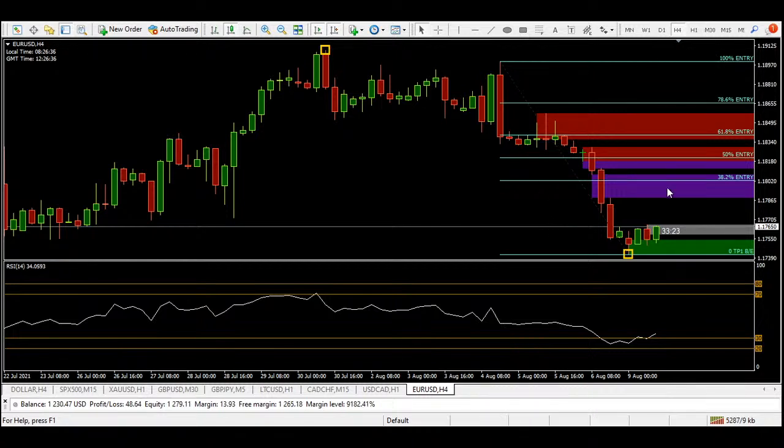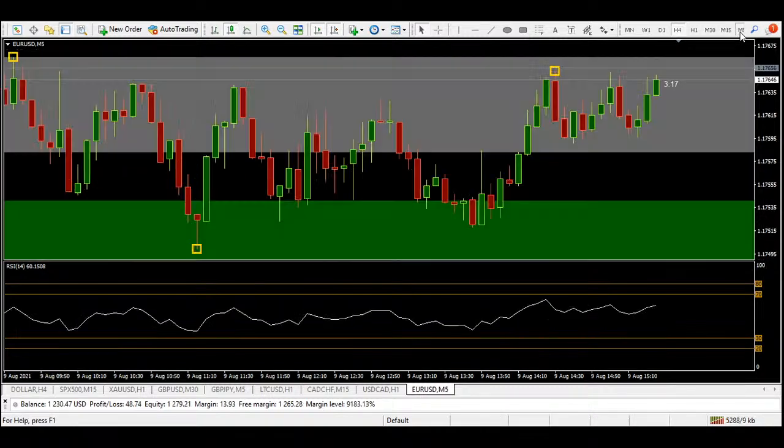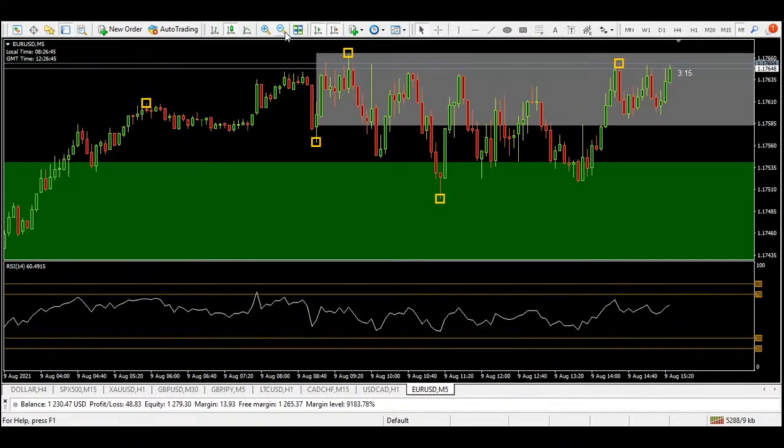I think we're going to get that push to the upside to fill these imbalances and to come off of these 4 hour zones. We'll wait to get in here.